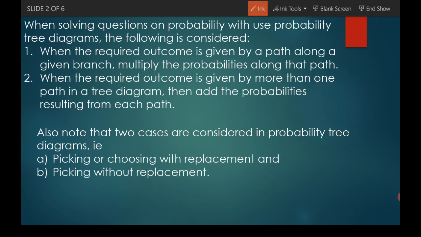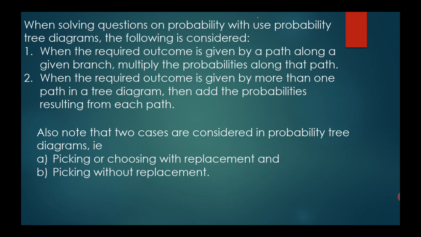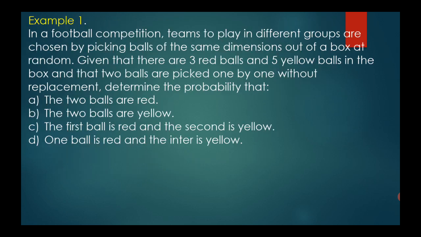Let's have an example and we see what we are talking about. So example number 1: in a football competition, teams to play in different groups are chosen by picking balls of the same dimensions out of a box at random.